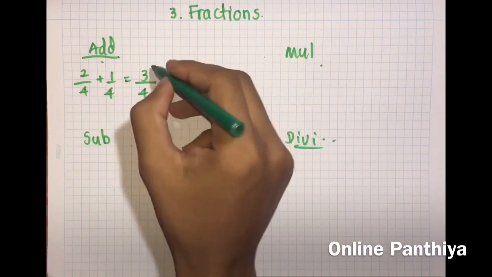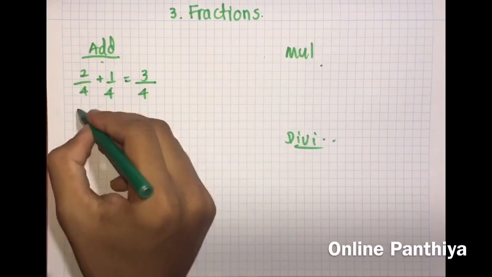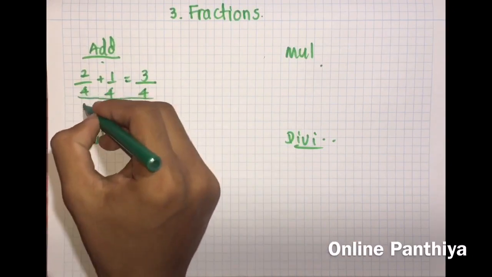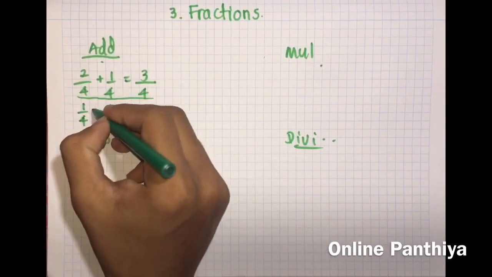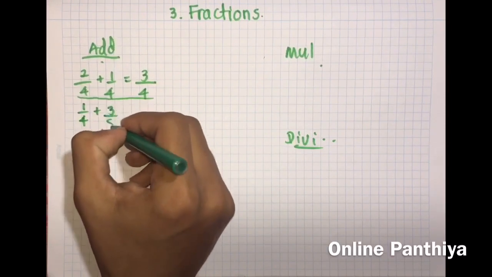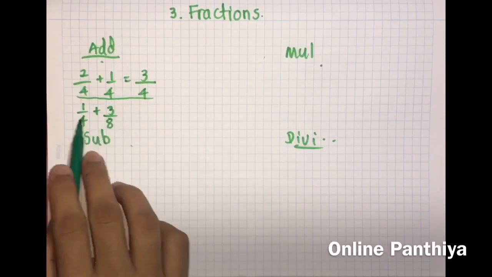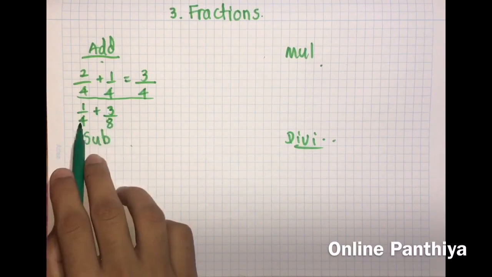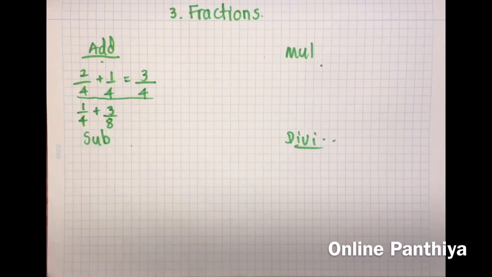Okay, let us take one more example, that is where the denominator is not same. So let me consider 1/4 plus 3/8. Now if you look at these two fractions, here the denominator is 8 and the denominator is 4. So the denominators are not same.